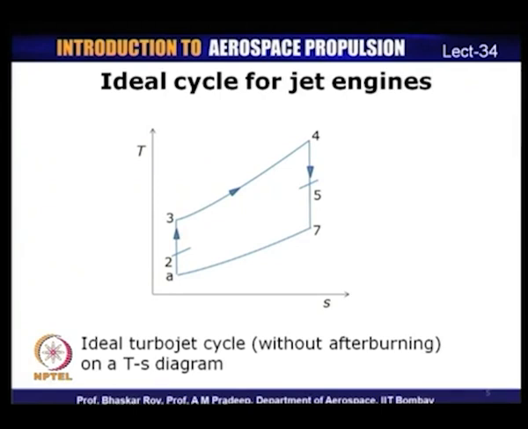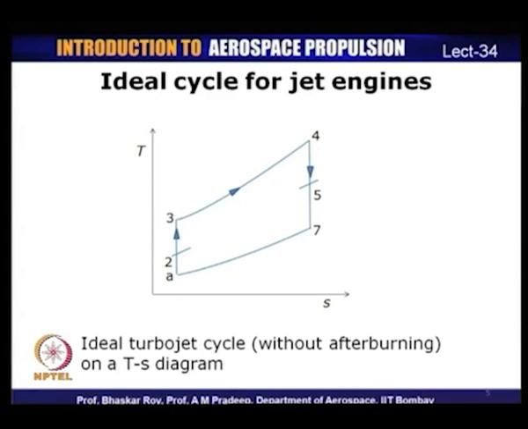So, process from 3 to 4 is the heat addition or combustion process taking place in the combustion chamber, which in an ideal cycle takes place at constant pressure. Process 4 to 5 is the turbine, which in an ideal cycle is an isentropic expansion. 5 to 7 is isentropic expansion in the nozzle.